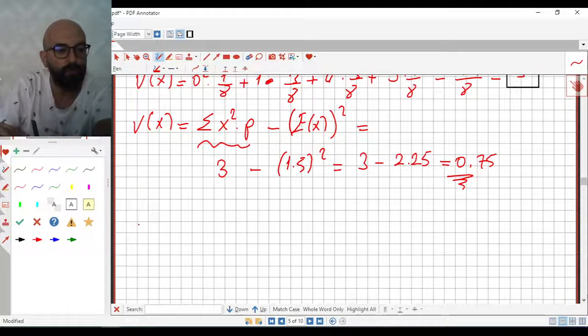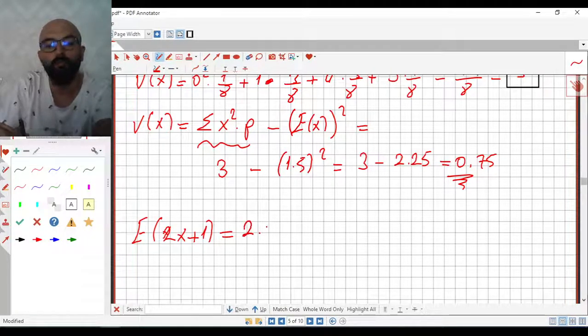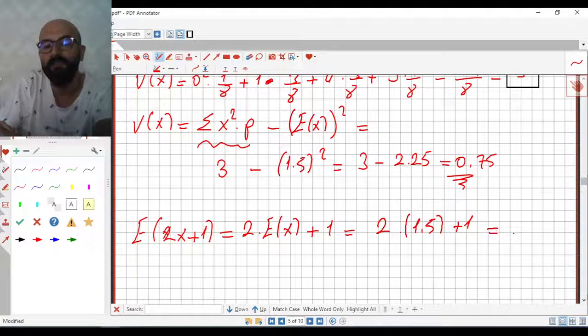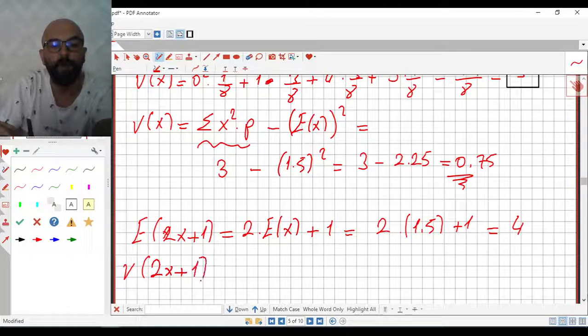So we want to compute the expected value of 2x plus 1. 2 multiply the expected value of x plus 1 means 2 multiply 1.5 plus 1, which means 4. We want to find the variance of 2x plus 1.